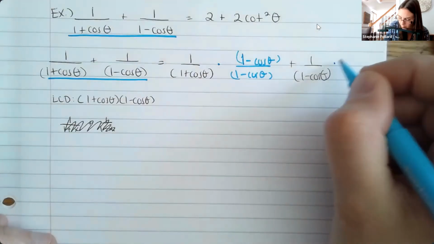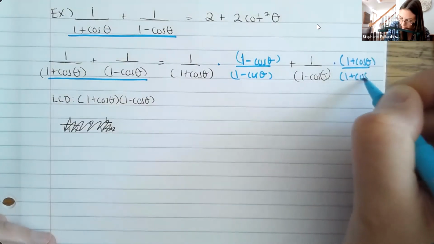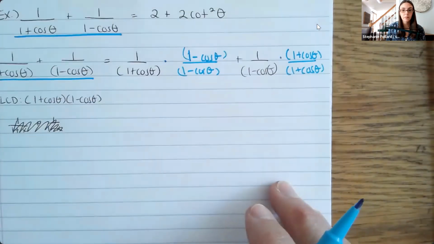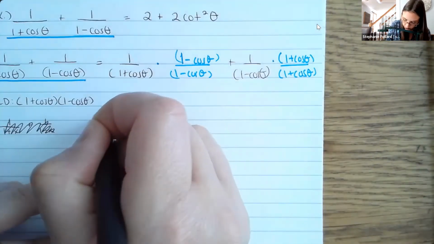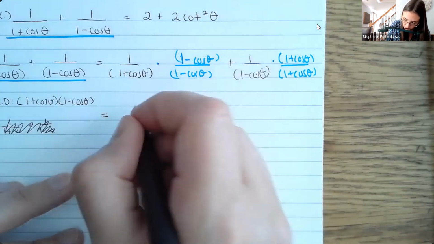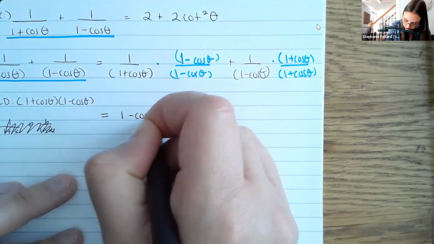And then for the second group, I multiply by 1 plus. So I multiply, remember, by what I'm missing. And I'm going to go ahead and clean this up. So here, 1 times this is not going to change anything, 1 minus cosine theta.